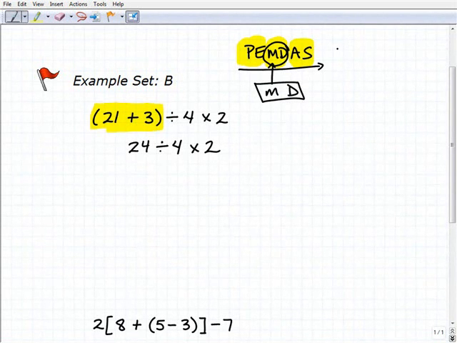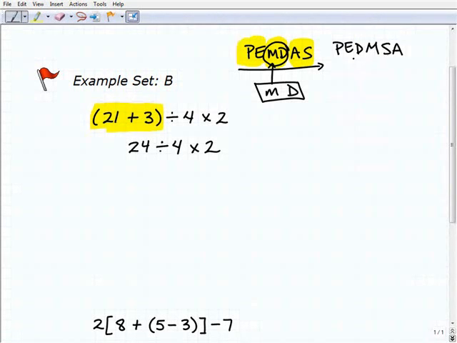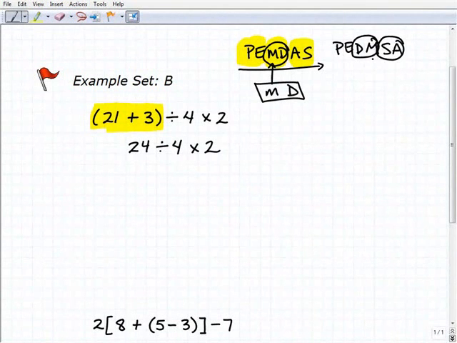So you really could write PEMDAS as, if you wanted to, just to make the point, I'm just switching the D and the M, and I'll also do the same thing with the S and the A here. Boy, I won't even try to say that phrase. But it just goes to the point that multiplication, division, or division, multiplication is whatever you see from left to right. So in this case, we see the division first.